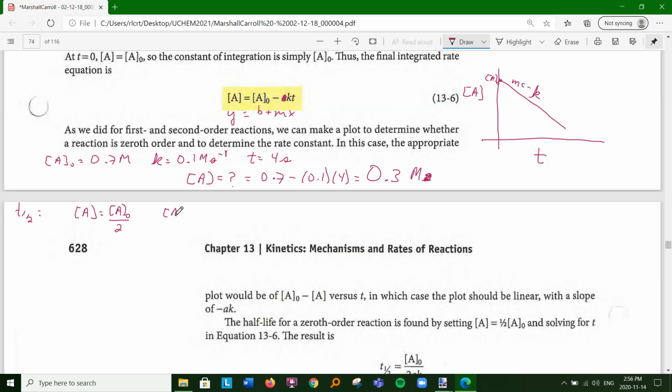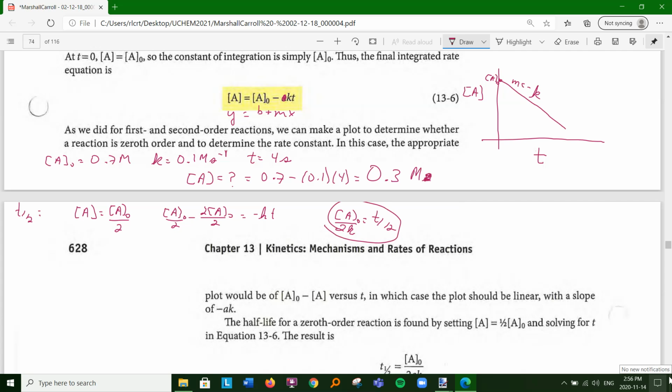So A naught over 2 minus A naught, which is 2A naught over 2, equals minus KT. So that's minus a half A naught equals minus KT, or A naught over 2K equals T1 half. So that's the half-life.